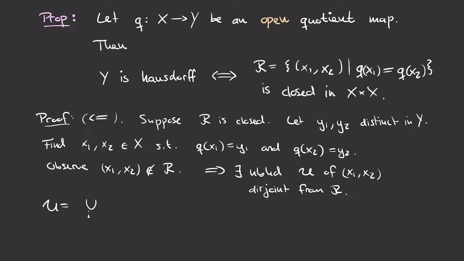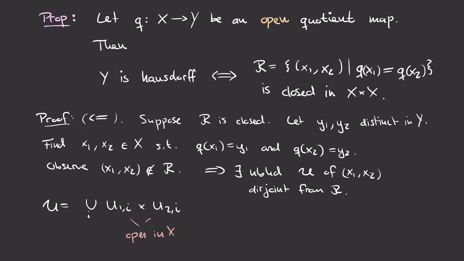It's a union over some sets U1i times U2i, where these U1i's and U2i's are open sets in X. Now, since (x1, x2) is contained in U, this means that (x1, x2) is contained in this union, and in particular, that also means that (x1, x2) is contained in one of these products, U1i times U2i, for some specific i.